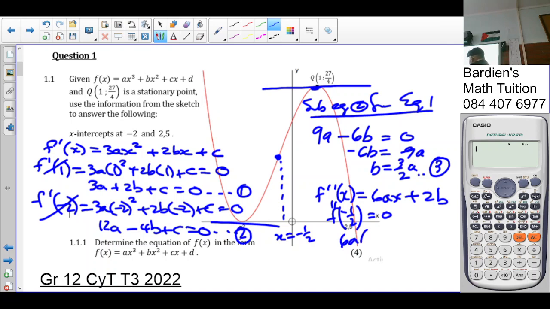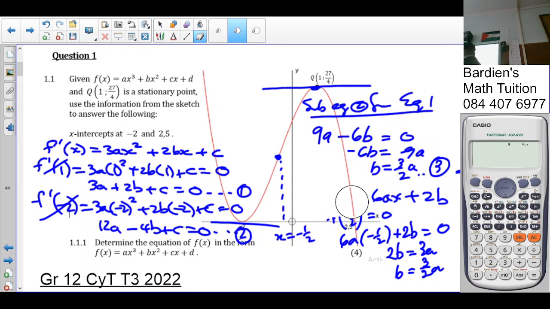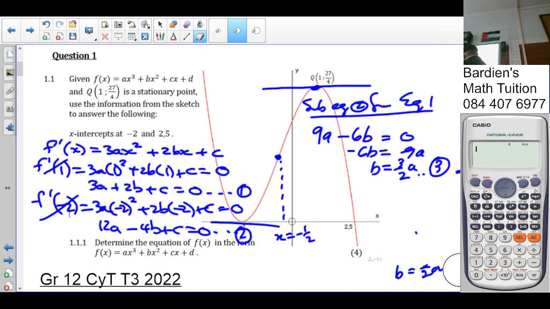So 6a into a negative half plus 2b is equal to 0. To simplify, 2b is equal to 3a, so b is going to be 3 over 2a, which is the same as this here. So that's not going to help us. So take it off. Don't make a mistake here.